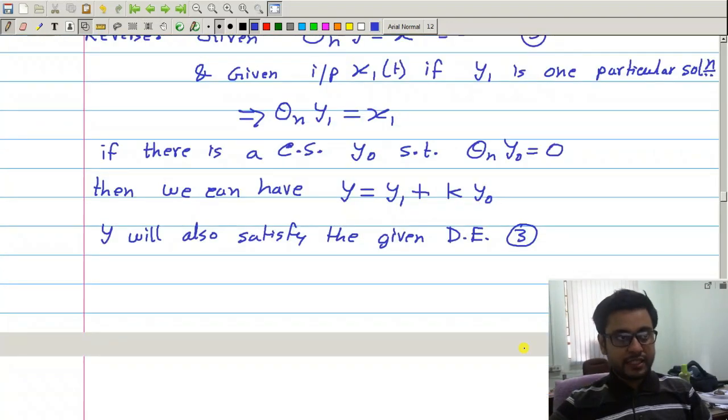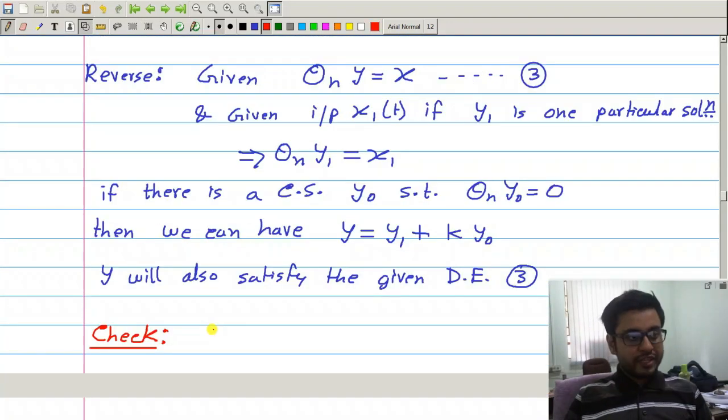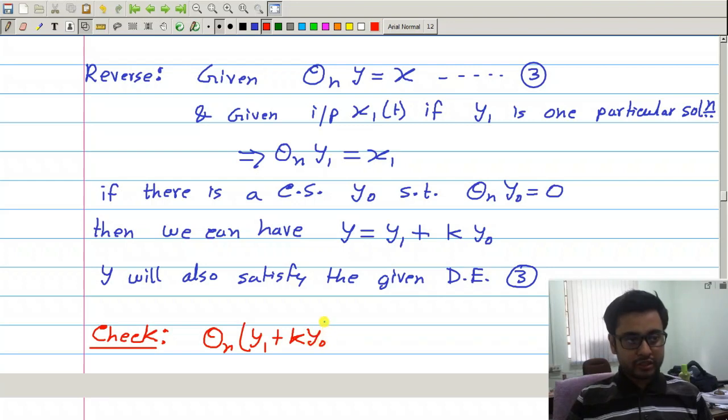You can check it for yourself by putting y equal to y1 plus k y0 in this equation. So we have y1 plus k y0.